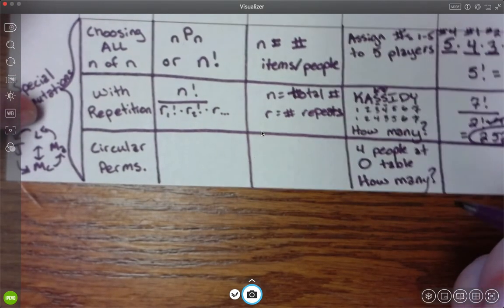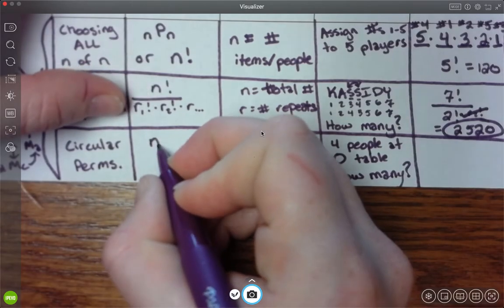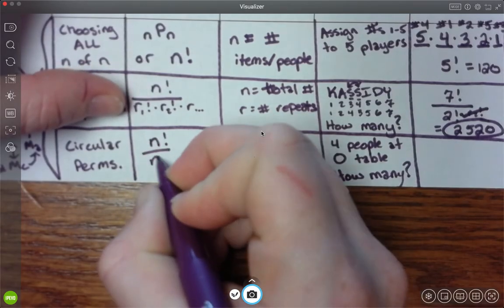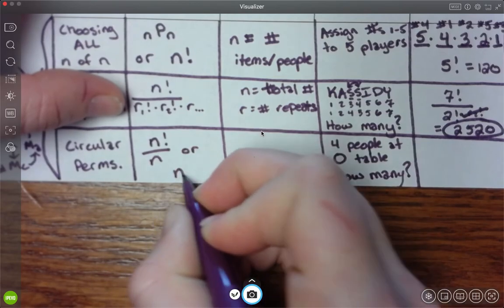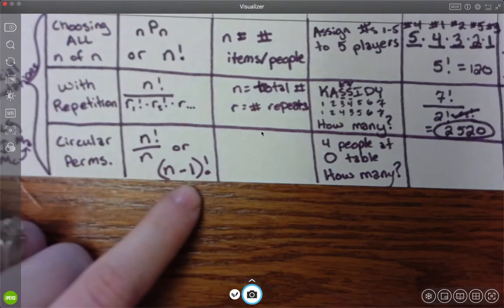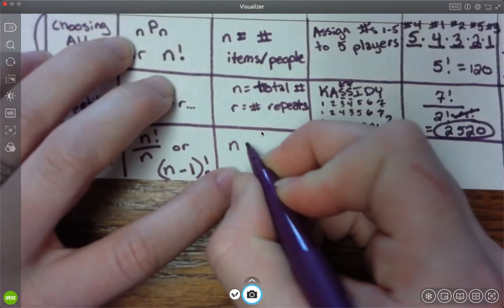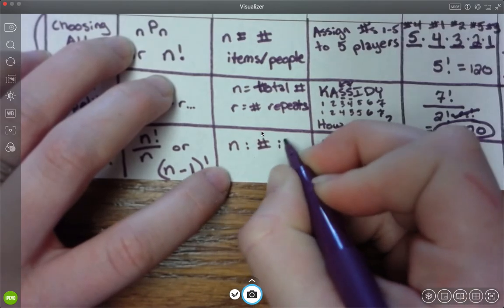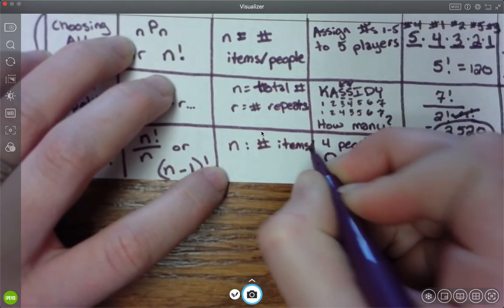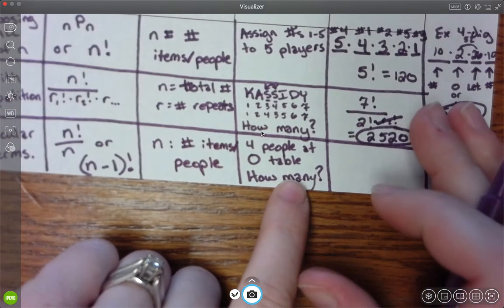So this one is, let's see, n factorial divided by n, or you can do n minus 1 factorial. A lot of people like to just do n minus 1 factorial in this case. Okay, so n is the number of items or people. So 4 people at a circle table, how many ways can they be arranged?